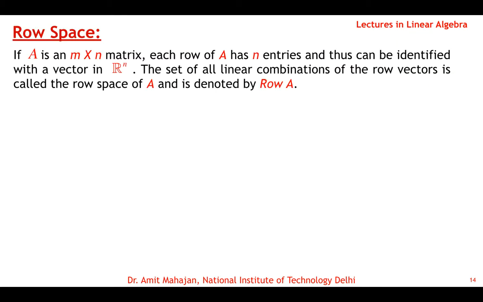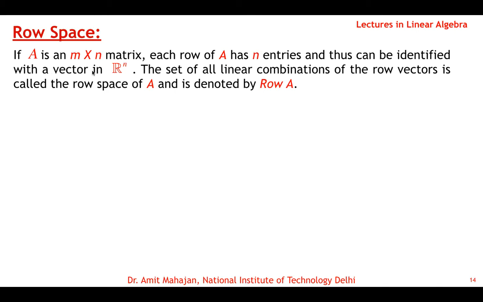Now we take another definition, which is the row space of A. If A is an m cross n matrix, then each row of this matrix will have n entries. You can see because there are n columns here, each row can be identified with a vector.